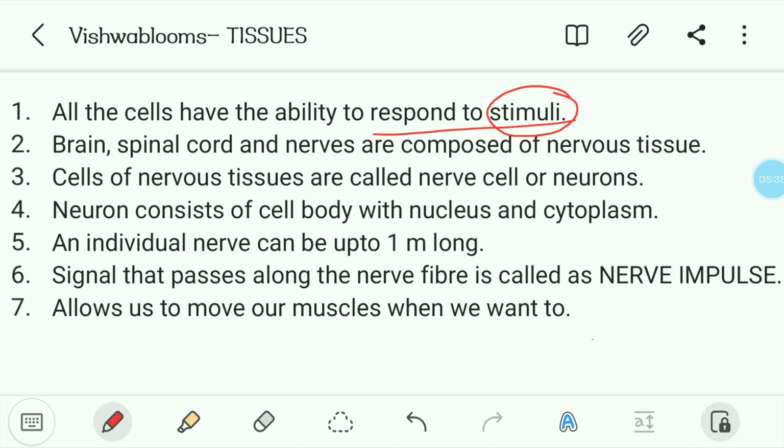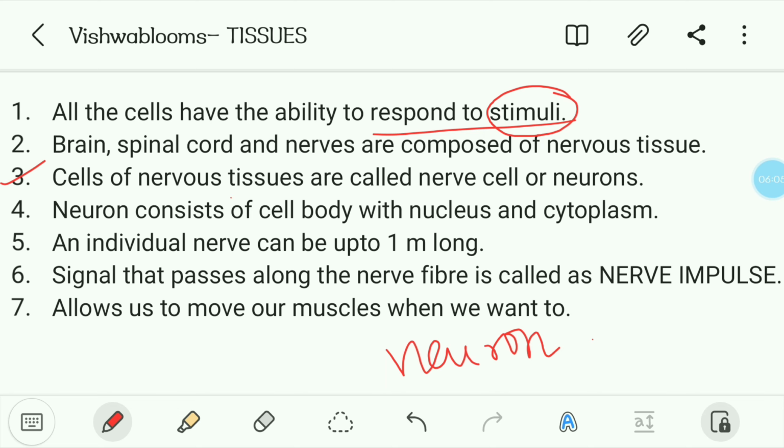Now the brain, spinal cord and nerves are composed of nervous tissue. Just now I mentioned the neuron, the unit of nervous tissue. What is a neuron, you will be thinking. That is the third point. Tissue is nothing but a group of cells that achieve some particular function.